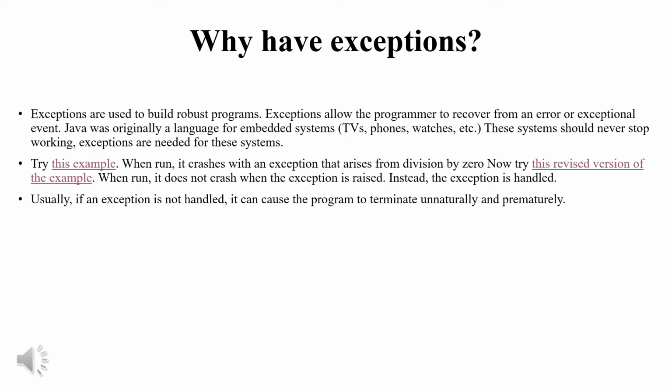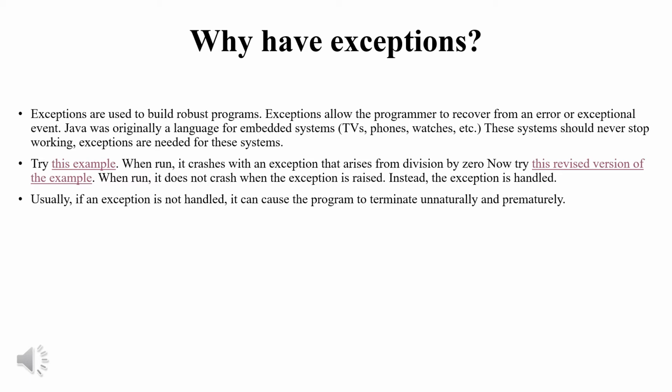Like what type of systems? Java was originally a language used for embedded systems like TVs, phones, and watches. And you know that these types of systems should never stop working. So it's important that this language be able to detect the exceptions and be able to handle the exceptions, right? So that's why we need exceptions.